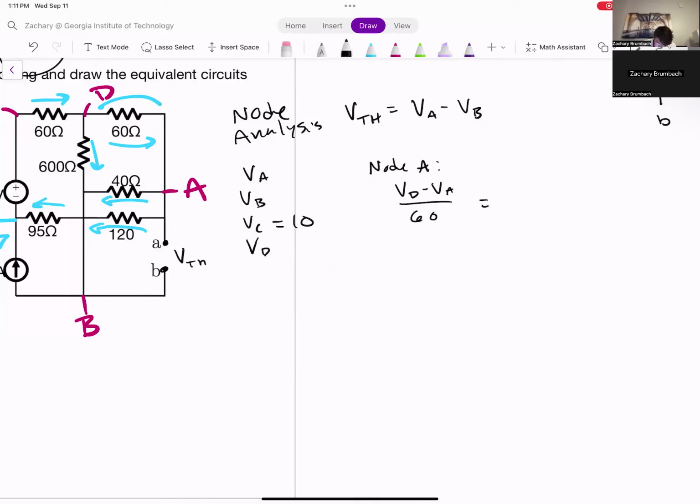Going out, we have these two here, and these are VA minus VB over 40 for the one on top, plus VA minus VB over 120 on the bottom. Okay.